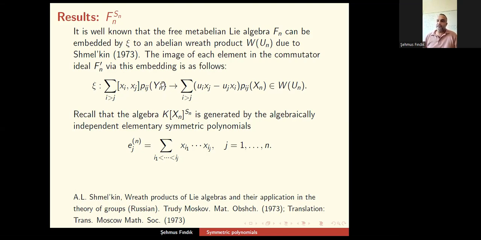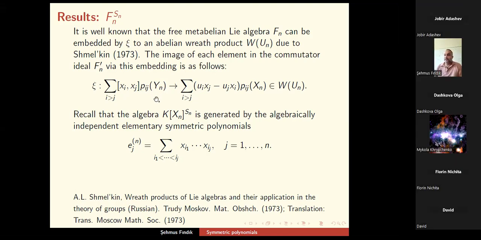So we can consider Pij as a polynomial in commuting variables. And in the Read product, you have this one. So why do we work in the Read product? Because in this case, the Read product is a free module generated by n elements over a polynomial algebra.